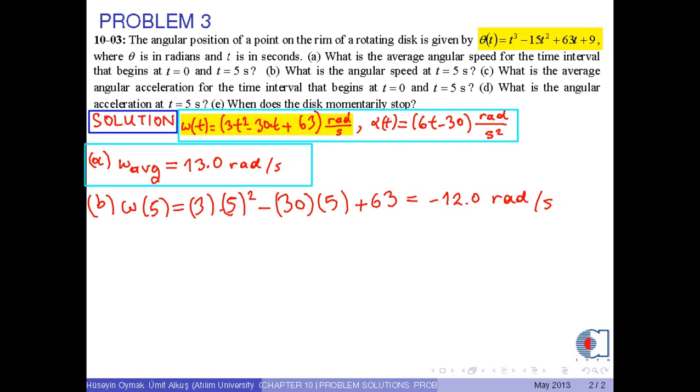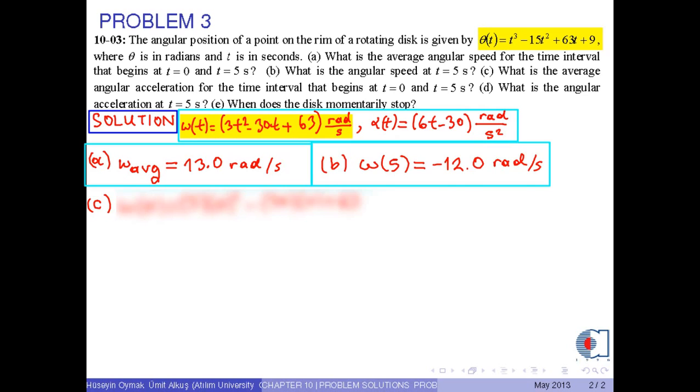In part C, to find the average angular acceleration for the time interval that begins at time t equals 0 and ends at t equals 5 seconds, we use the same procedure that we applied in part A. That is, omega at time t equals 0 is calculated to be 3 times 0 squared minus 30 times 0 plus 63.